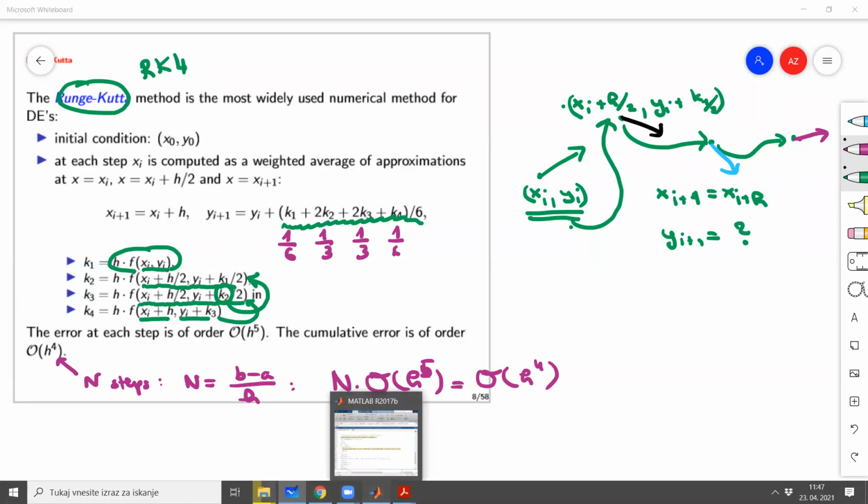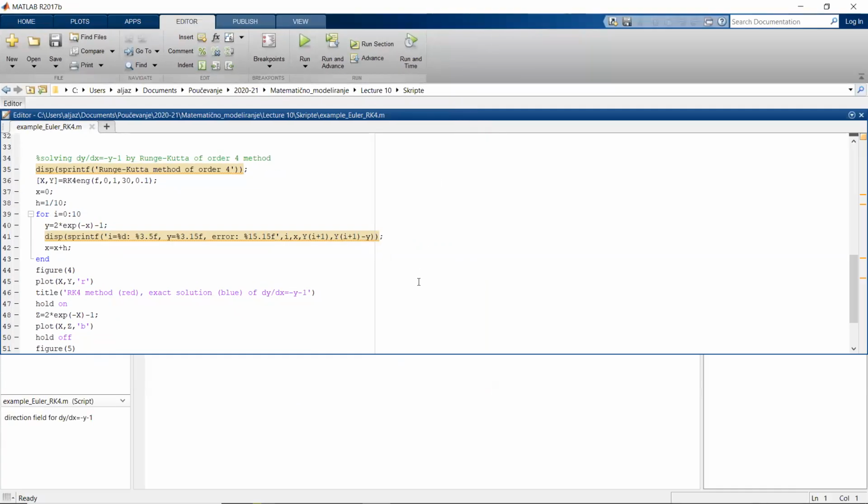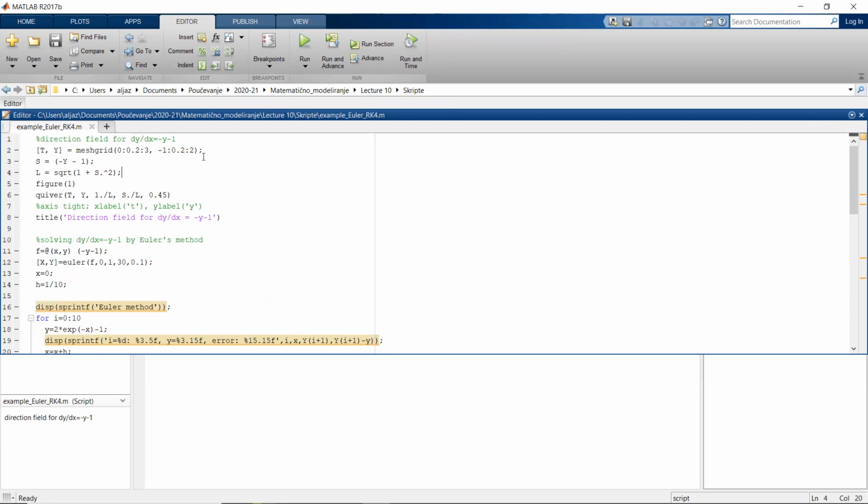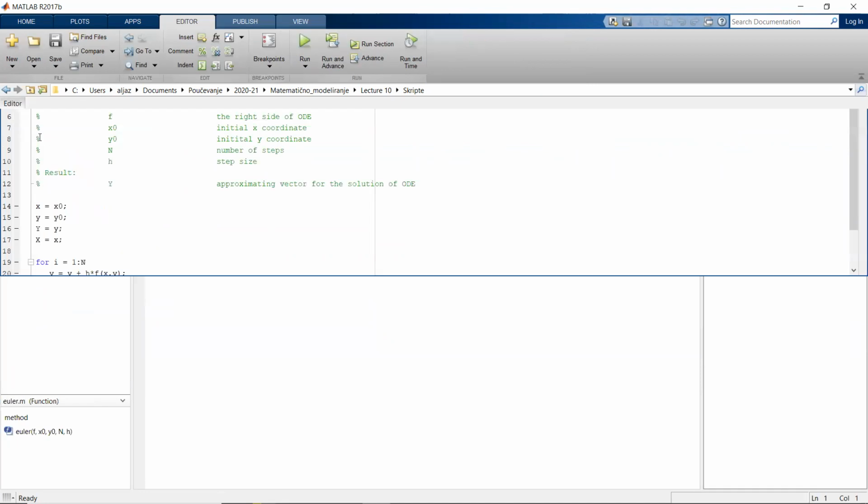So let me show you an example. Here we have a first order differential equation, y prime is minus y minus 1. We will be solving it on the interval from 0 to 1. We will do 10 steps, and the step size will be 0.1. I didn't show you the script for the Euler method.